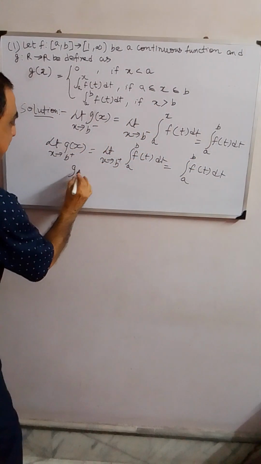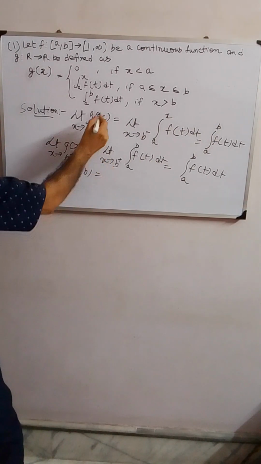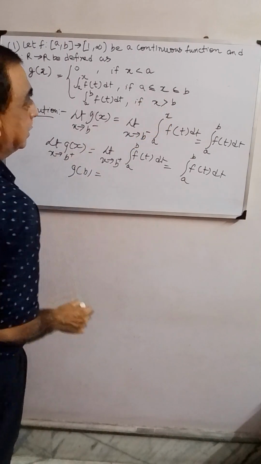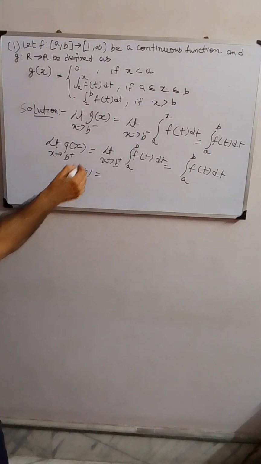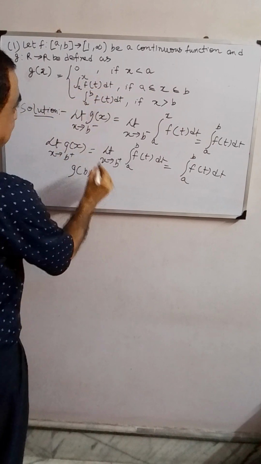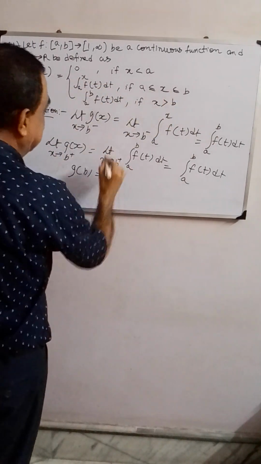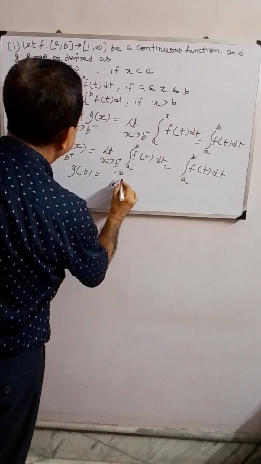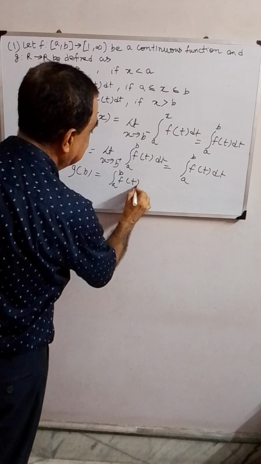And what is g(b)? So g(b) is when x is equal to b. So when x is equal to b, it is equal to this function, that is, in place of x you will put b. So this is the definite integral from a to b of f(t) dt.